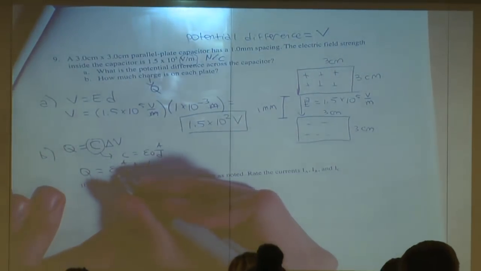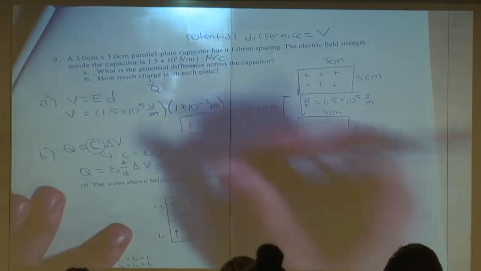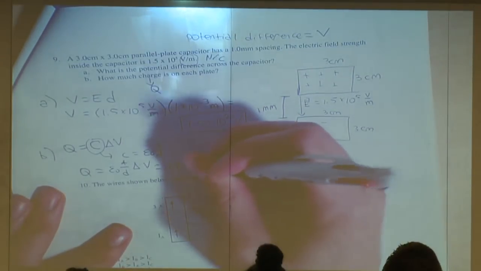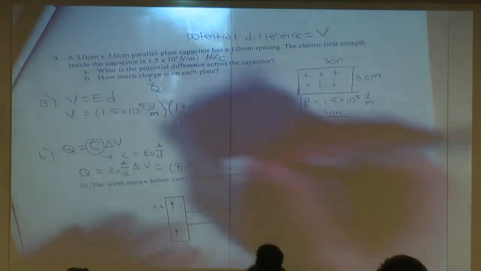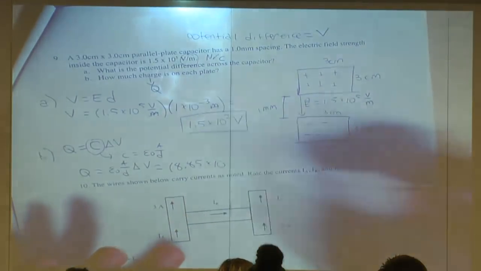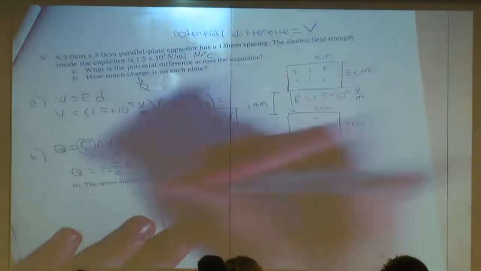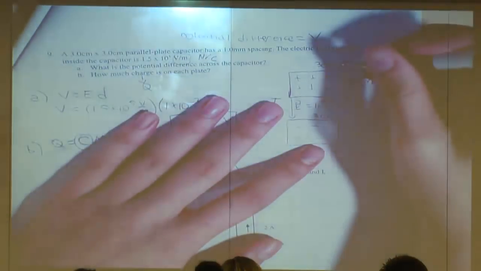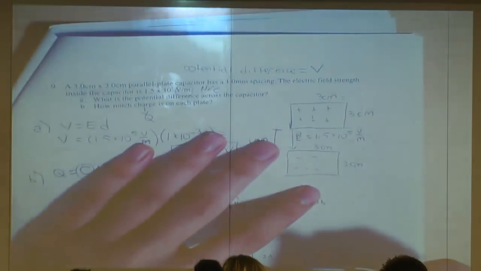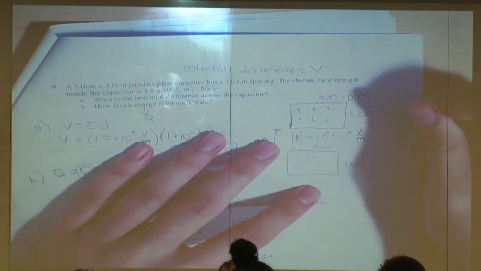All right, so now we're gonna plug this in. So we know epsilon naught is gonna be 8.85 times 10 to the negative 12. And epsilon naught does have its own units. I haven't been writing them because they're kind of long, but just keep that in mind. So epsilon naught times the area. For the area, 3 centimeters is going to be equal to 0.03 meters, and same thing for that one, 0.03 meters.